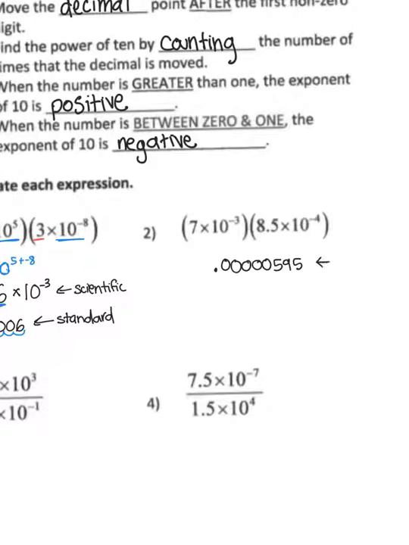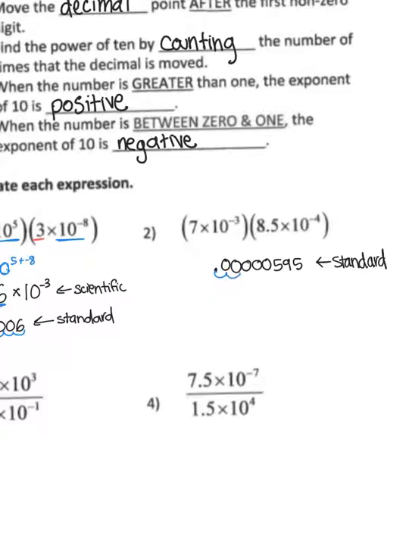So this is my standard. I want to move it to scientific. Step number 1, I'm going to move my decimal over until it's after the first non-zero number.